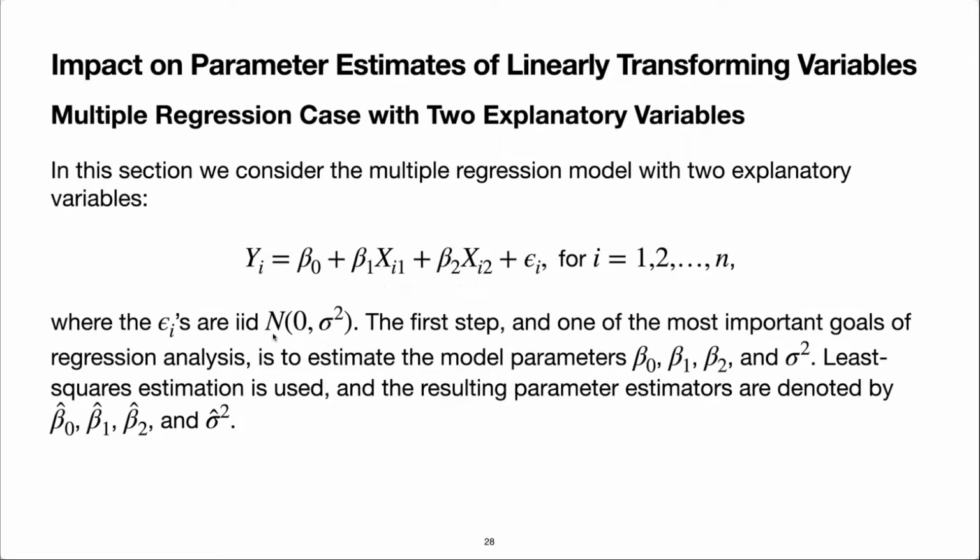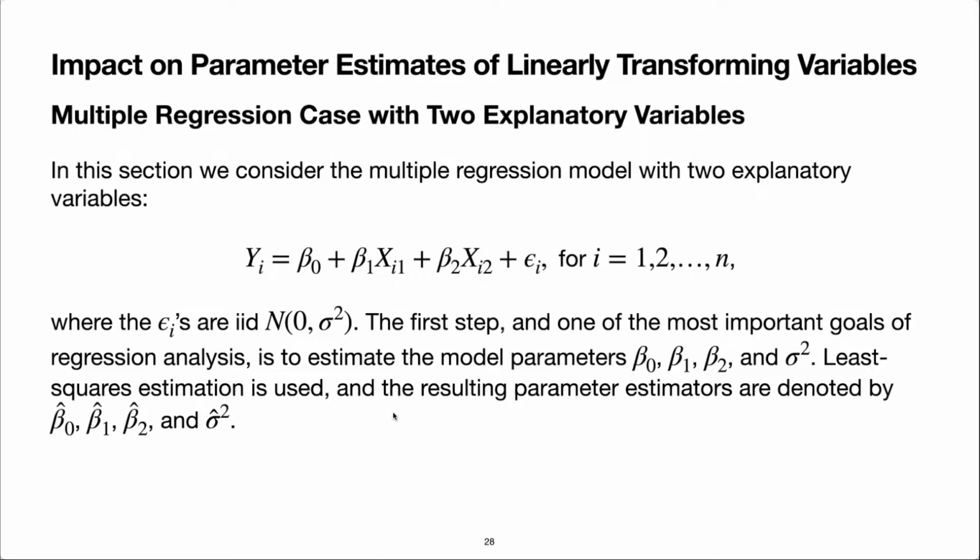And for purposes of hypothesis testing, constructing confidence intervals, prediction intervals, and things like that, we would typically assume that the error terms are normally distributed as well. Now, the first thing we need to do in a regression analysis is to estimate the model, to fit the model. And we do that by estimating the model parameters, beta 0, beta 1, beta 2, and also sigma squared.